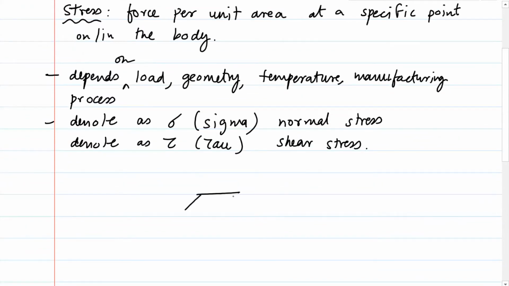Well, if you have an object, let's take a cuboid, and if you subject it to a normal force, so a force on the top face, then that force will induce a stress, which is the normal stress, and it's shown as I have in the figure. On the same surface, if you apply a force which is along the surface, then you would have a shear force, and that shear force would produce a shear stress denoted by tau.